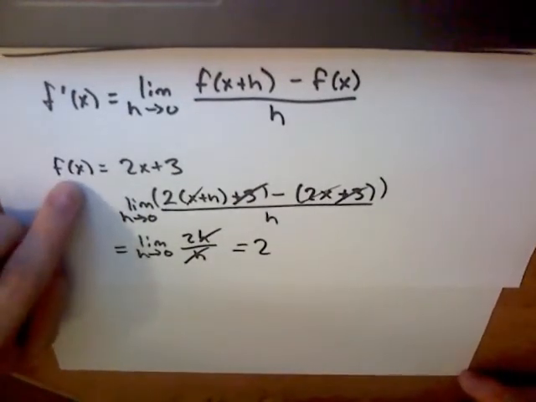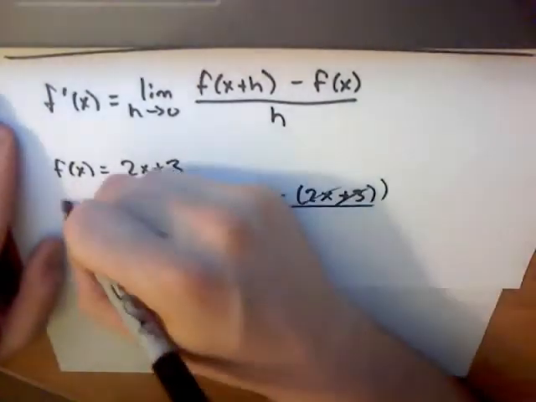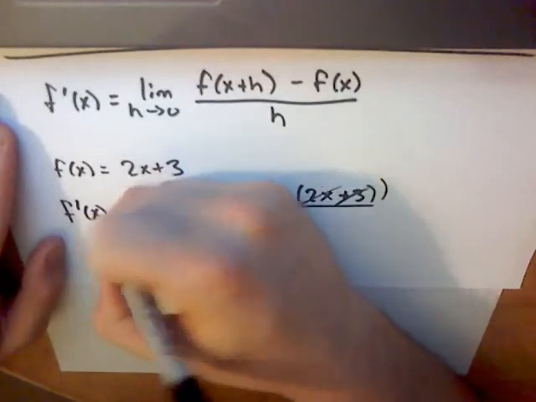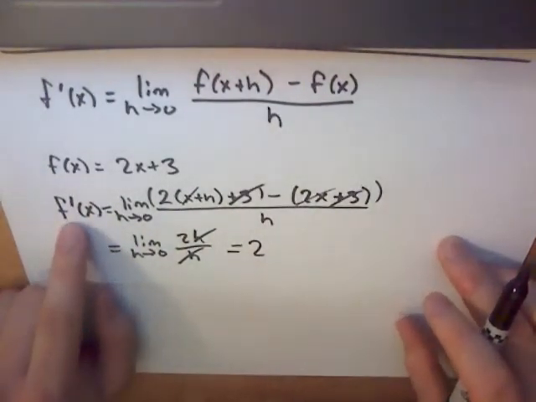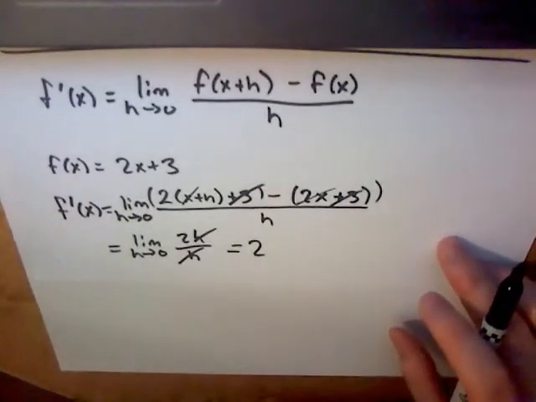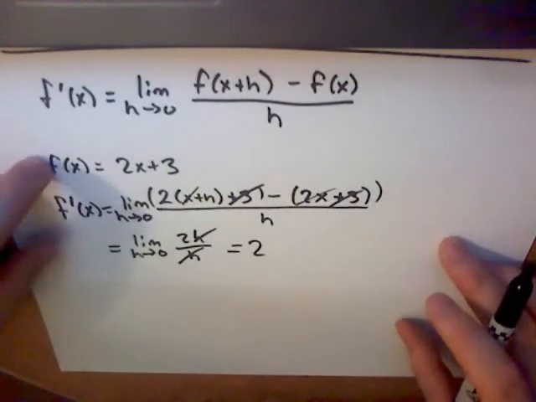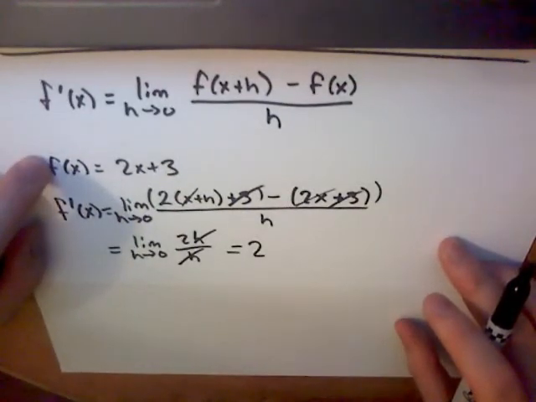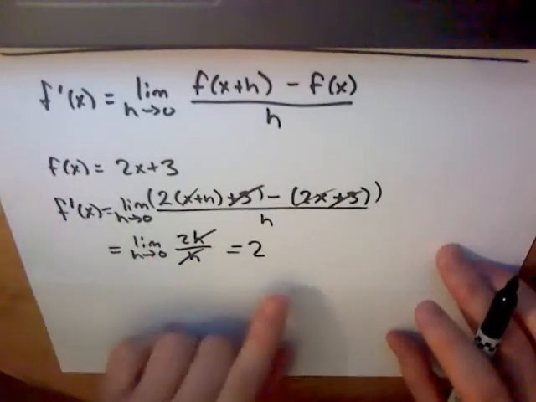So the derivative at x, this is f prime of x, and the derivative at x is 2. So this derivative is defined everywhere on the domain, which is all real numbers because the natural domain of f is all real numbers, and the derivative everywhere is 2.